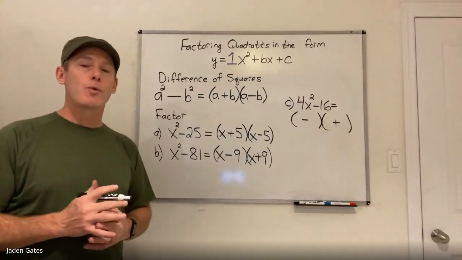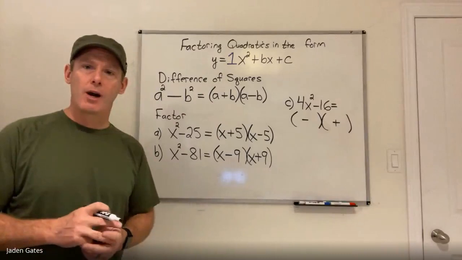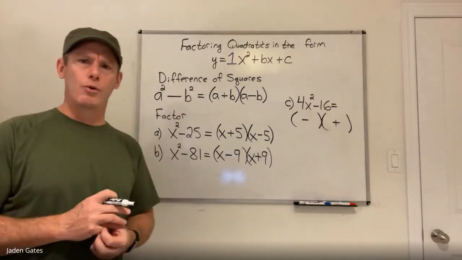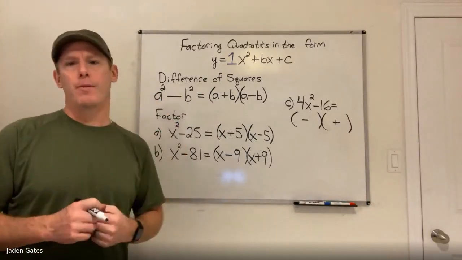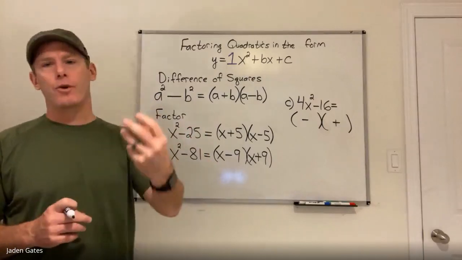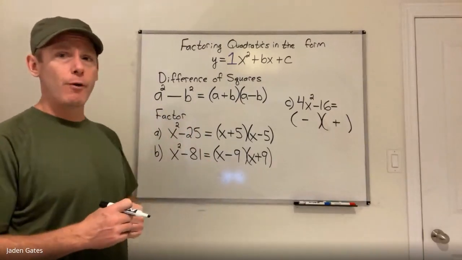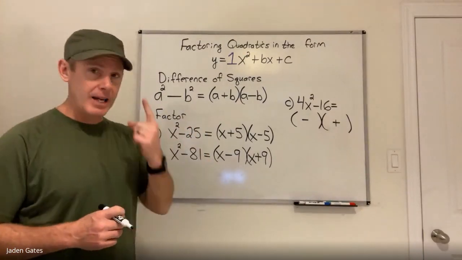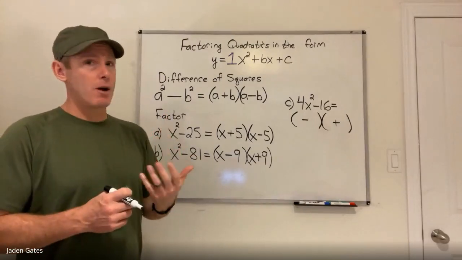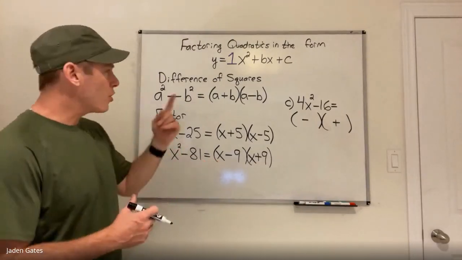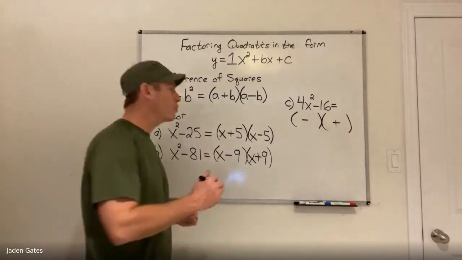Now, if I square root 4x squared, again, that's our expanded power rule. You got to square both of them. You got to square the 4 and you got to square the x squared. So if I square root the 4, I get a 2. If I square root the x squared, we've already had that, you get an x. And so my first term is going to be 2x.